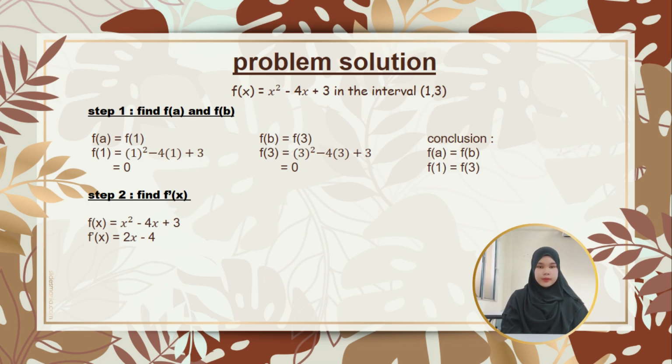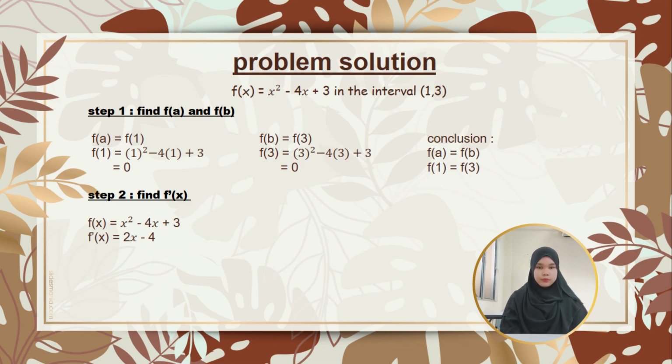Next, we find f(b), which is equal to f(3). We substitute the value of 3 into f(x) and we get 3 squared minus 4 multiplied by 3 plus 3. Solve the equation and we will get 0. Keep in mind that f(a) must be equal to f(b). So, when we compare f(1) and f(3), they have the same result, which is 0.